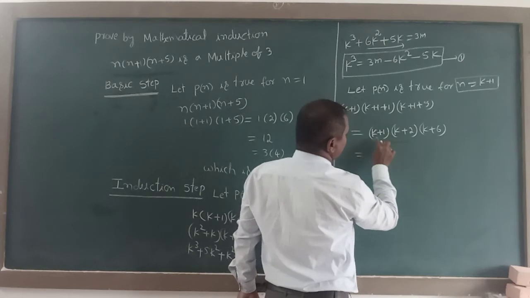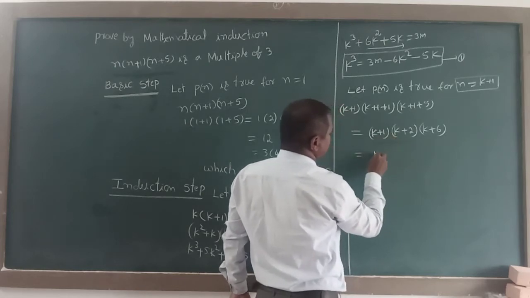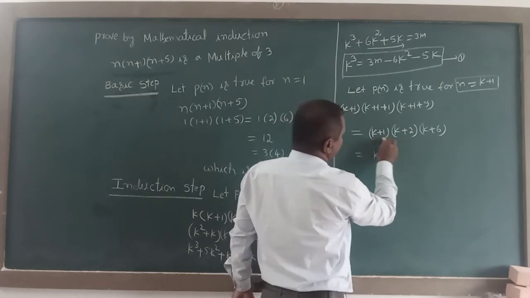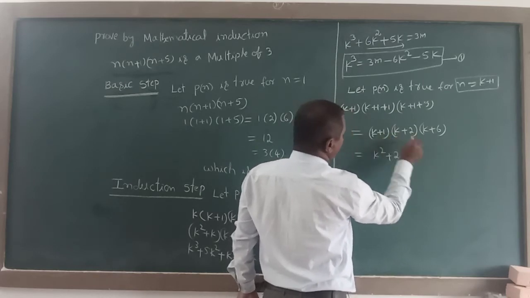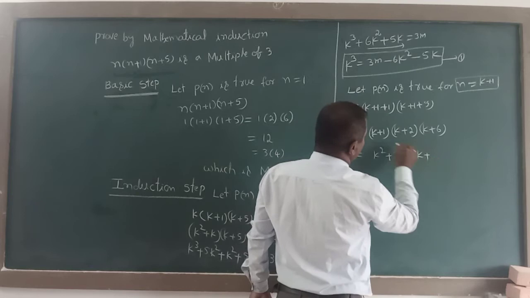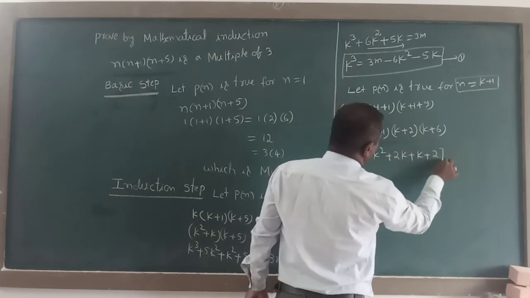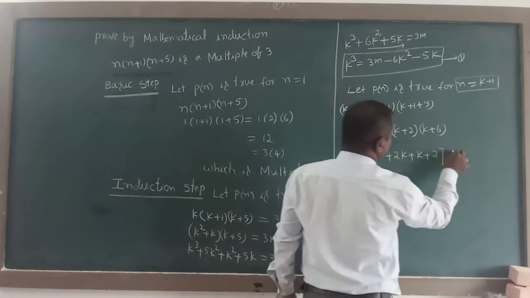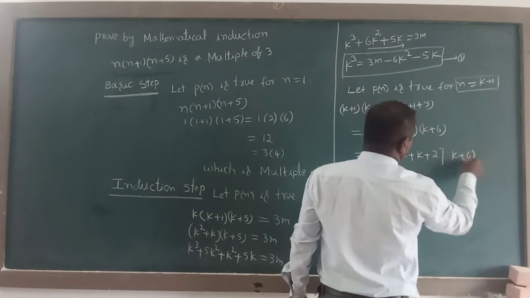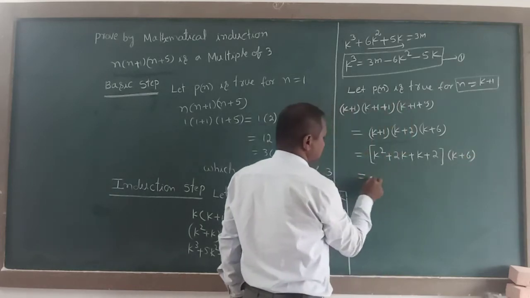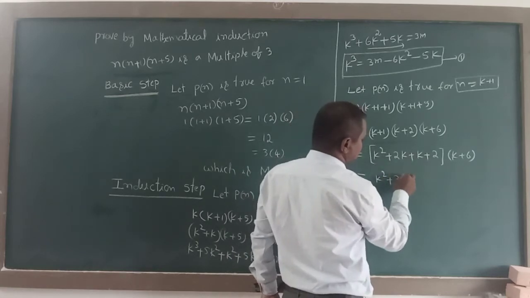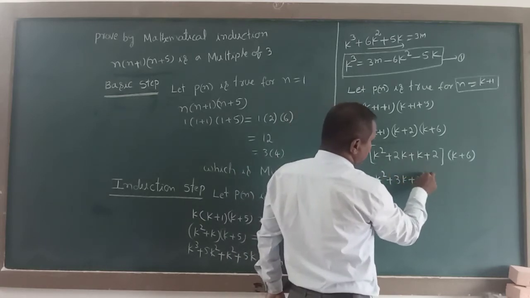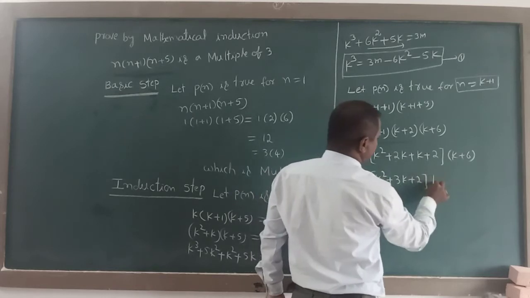Multiply these two here: k into k is k square, k into 2 is 2k, plus 1 into k, 1 into 2 is 2, into k plus 6. That is k square plus 3k plus 2, into k plus 6.